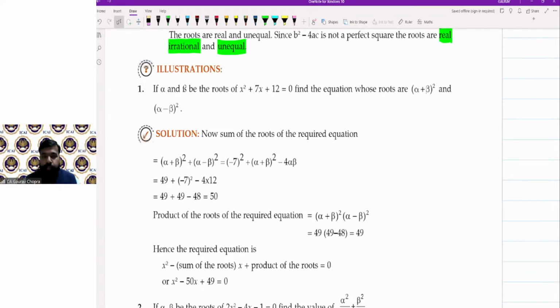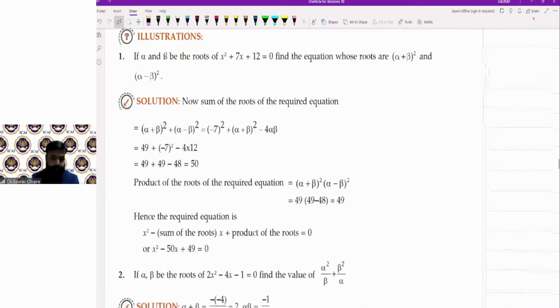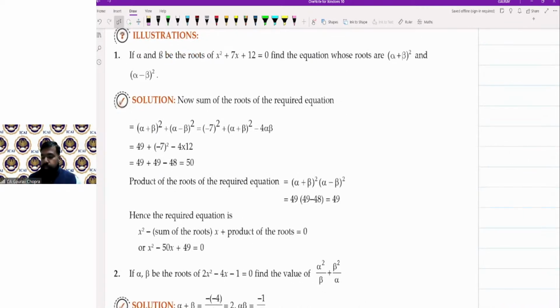All those will be used here. Now let us begin with the first one. If alpha and beta be the roots, find the equation whose roots are alpha plus beta whole square and alpha minus beta whole square. Okay, so let's try this.